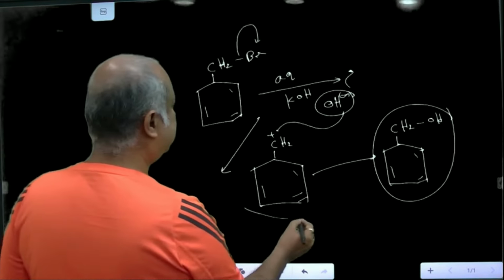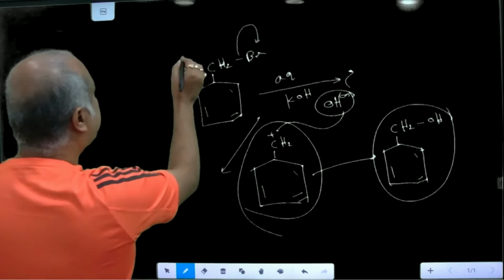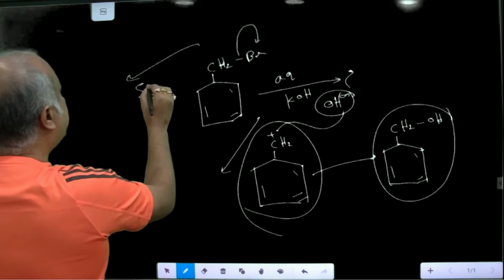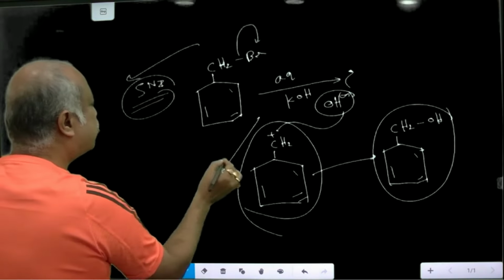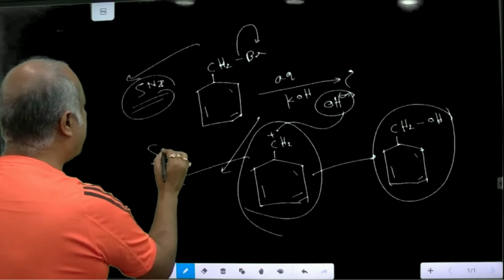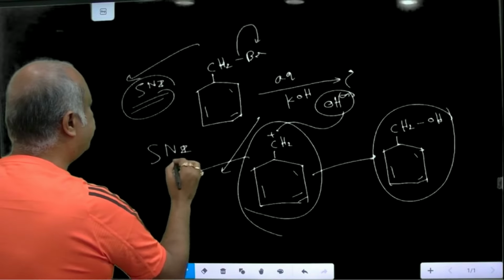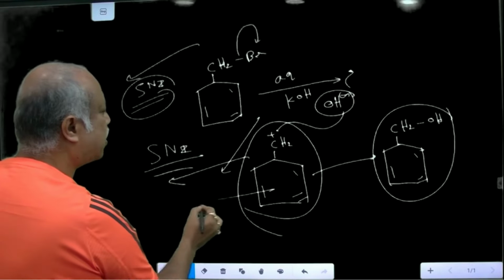That is the benzyl carbocation. That is preferable for the SN1 mechanism due to resonance stabilized carbocation.